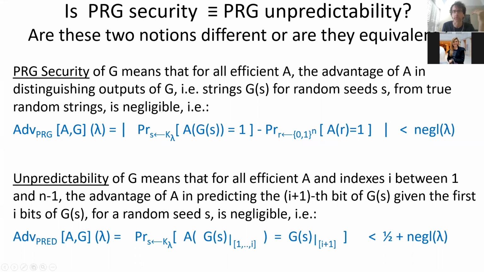Which one follows from which one? I was kind of hand-waving that the PRG notion basically says that PRG outputs are, for all applications, as good as random strings. If somebody gets PRG outputs, they cannot distinguish them from random strings.